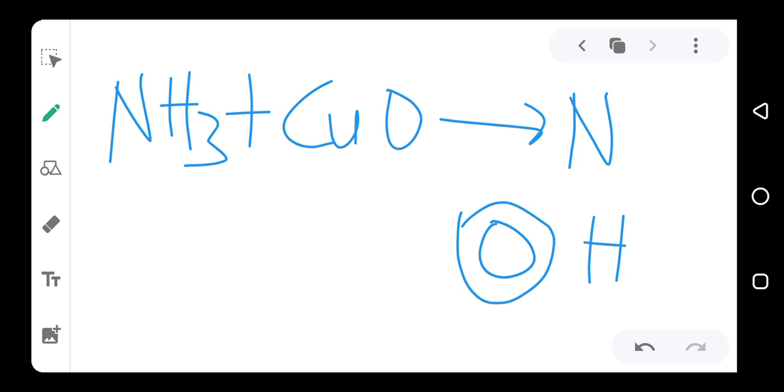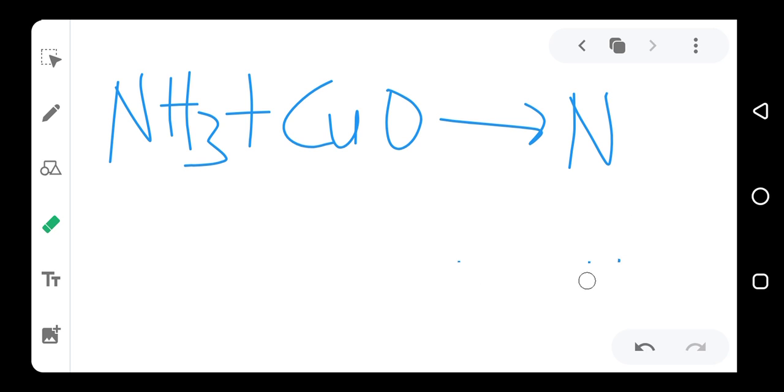The same thing with hydrogen. So this nitrogen cannot stand as N. It only exists as N2. That is the nitrogen molecule. If you don't know this, you may not be able to balance the chemical equation very well.